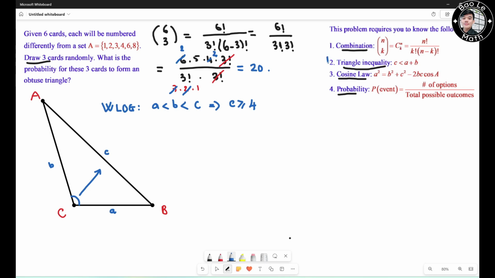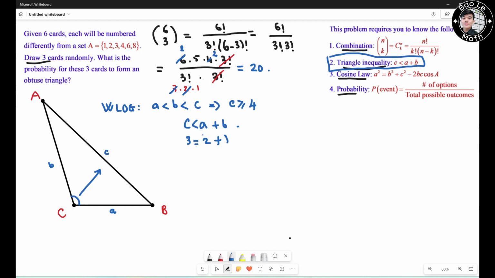Alright, because the triangle inequality says c must be less than a plus b. So if c equals 3, a equals 2, and b equals 1, then when you add these up, the sum is equal to c.